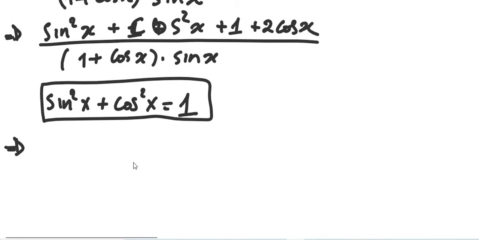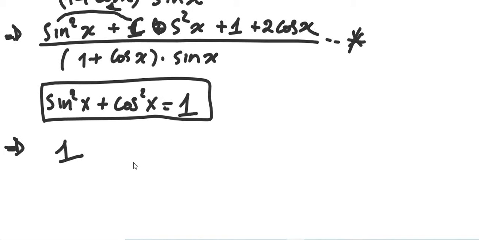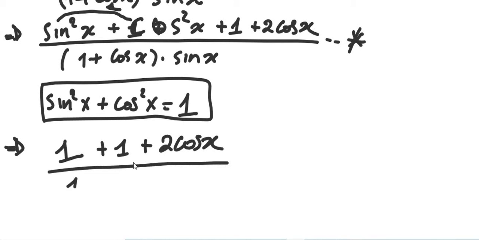This implies from this equation I will have 1 because these two will be equal to 1. I will have 1 plus 1 plus 2 cos x divided by (1 plus cos x) times sine x.